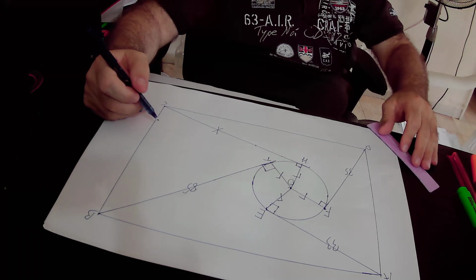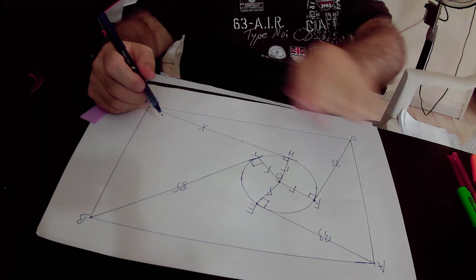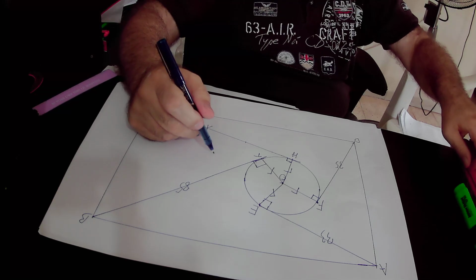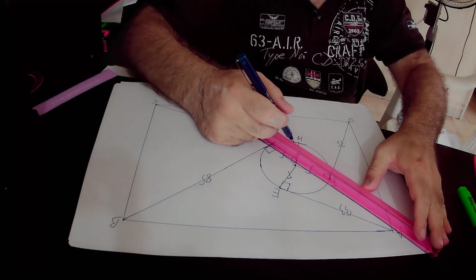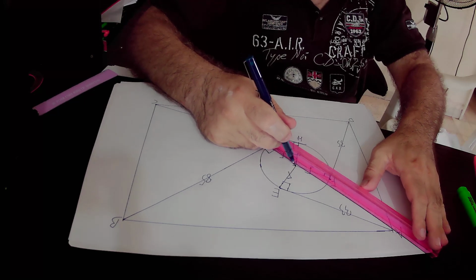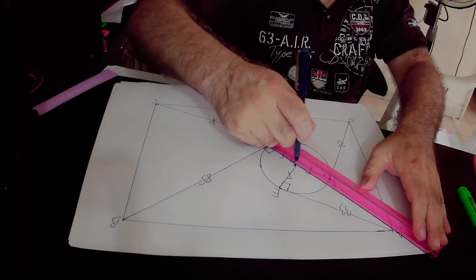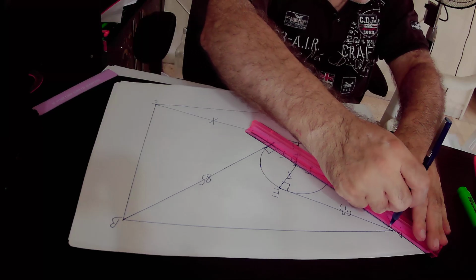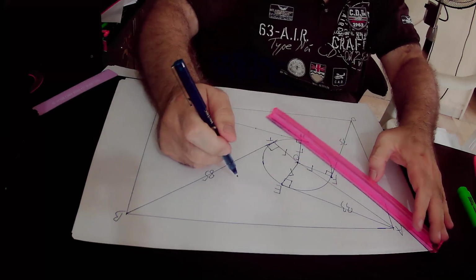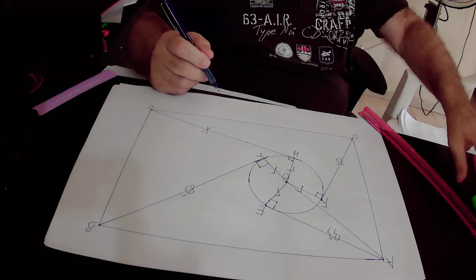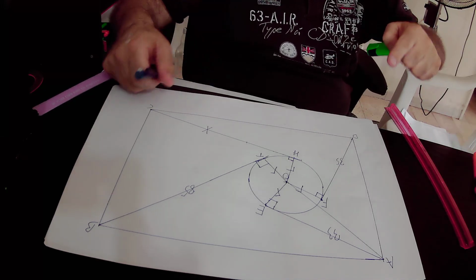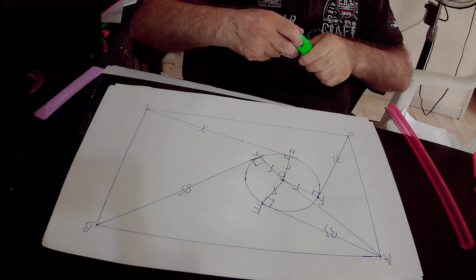In the next step, we'll join points A and O together by a straight line. By joining points A and O, we created here a right triangle, triangle AOE.